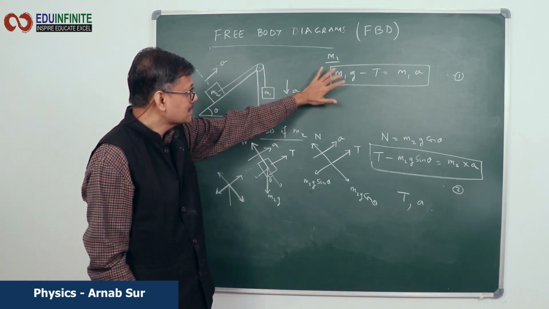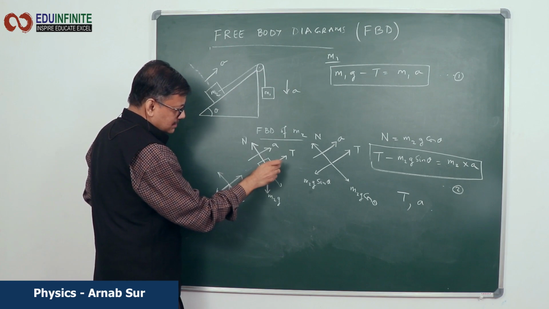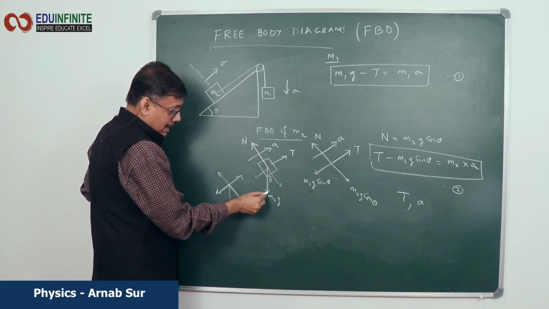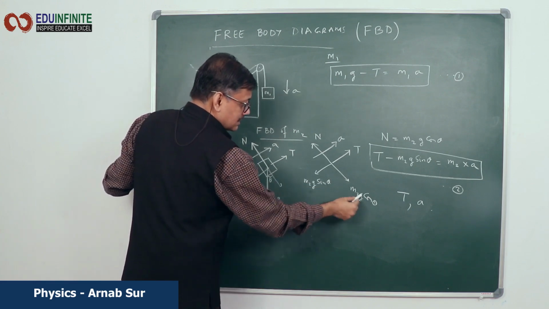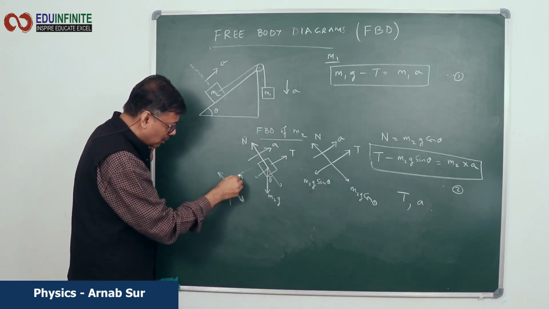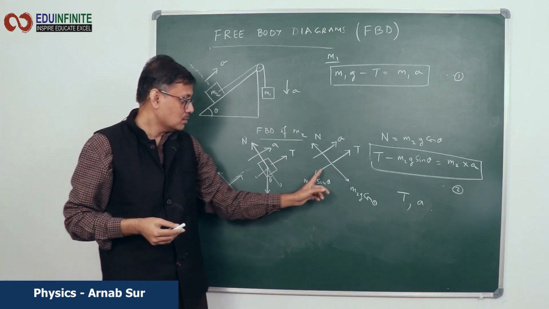I am again just emphasizing one point. For this, see, three forces are acting: N, T and M2g. M2g sin theta and M2g cos theta, these are not two separate forces. It is one force, but it is resolved along these two axes. That is why four terms have come. These two are not separate forces.